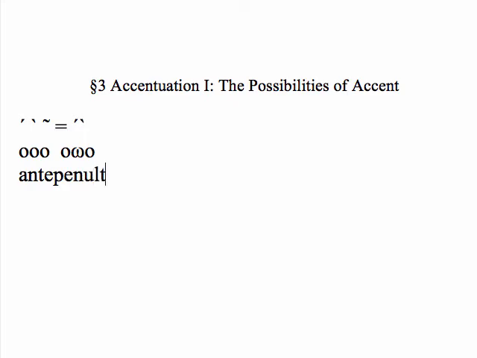antepenult. You have a three-syllable word. There's my antepenult. What is the accent going to be? It is going to be acute, always, okay? If your accent falls on the antepenult, it will be acute. That's the only possibility there.